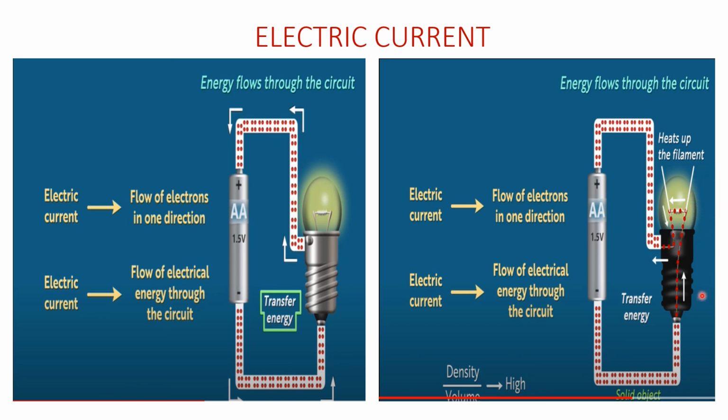So there is a conversion of energy from electrical energy to heat energy to light energy. So as long as the circuit is closed or till the battery or cell dies out, the current flows and the bulb glows. This is the way electricity works.